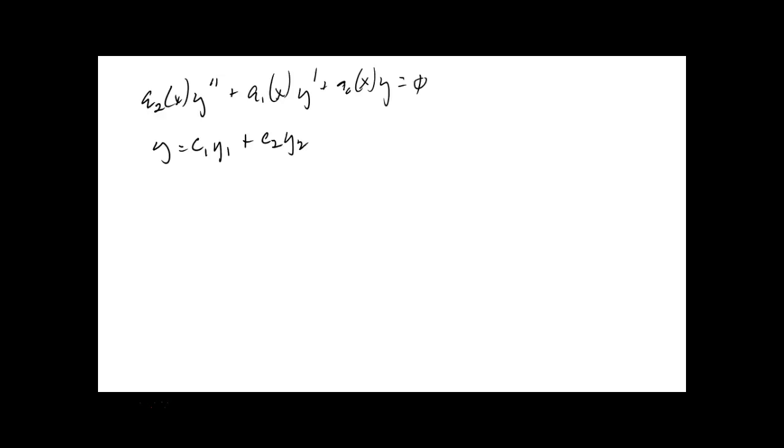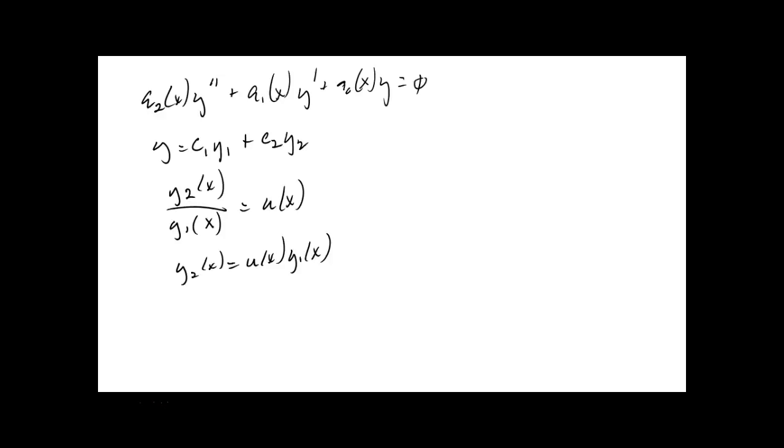So the condition here is that y2, the one we're looking for, of x, divided by y1, the one that somehow we knew already, of x, is some new function u of x. Not a constant. Okay? So therefore, y2 of x is equal to u of x times y1 of x. But we know y1 of x, right? Okay?